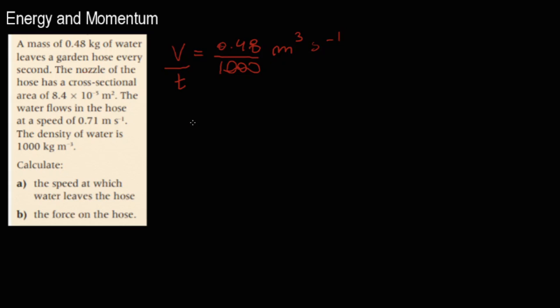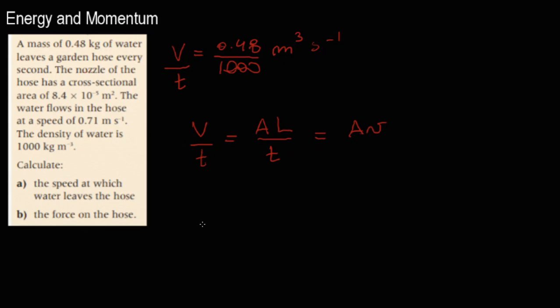Now, what is another way of looking at volume per time? Well, volume is an area times a height or a length over time. What is a length over time? That's speed. So that value is also the cross-sectional area of our hose times the velocity.